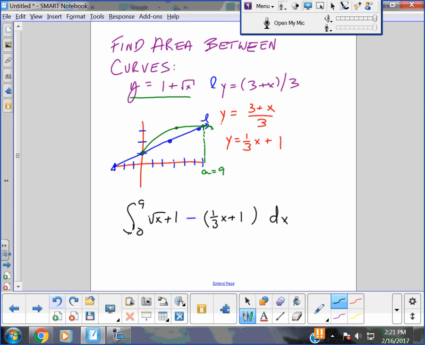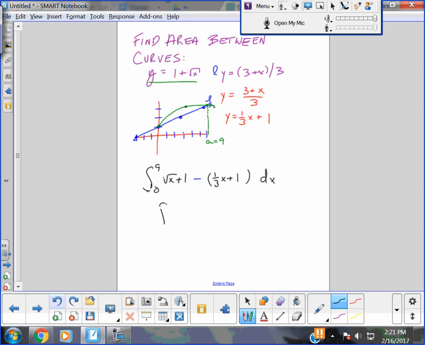And we can see that positive 1, negative 1 are going to cancel. This is the nice part. So my final setup would be this.